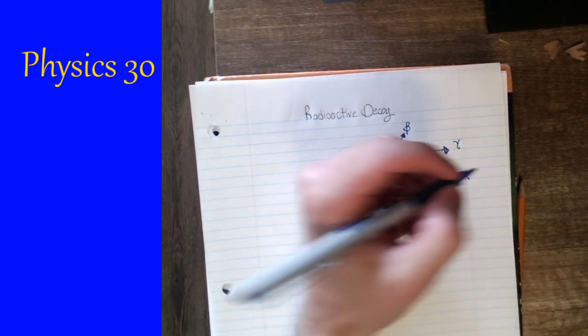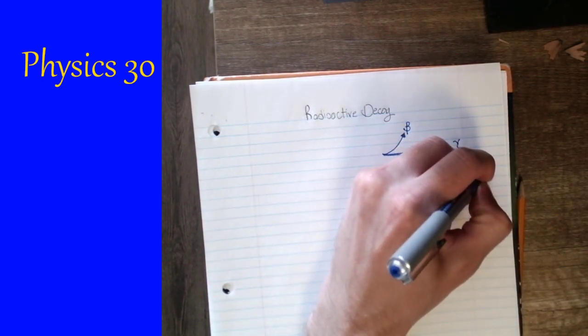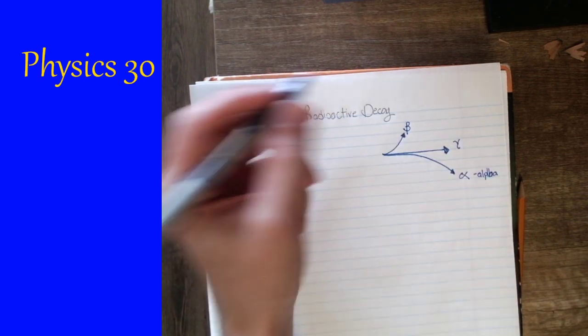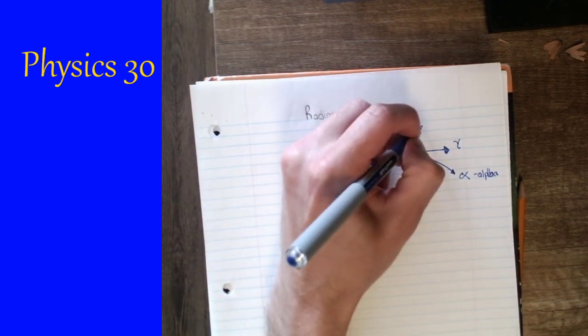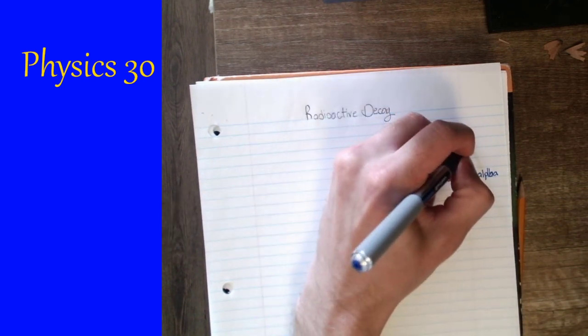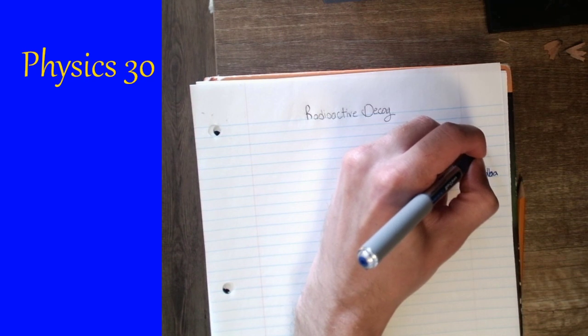So we have alpha radiation, beta radiation, and then gamma radiation.